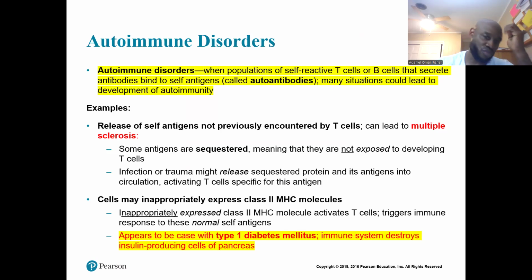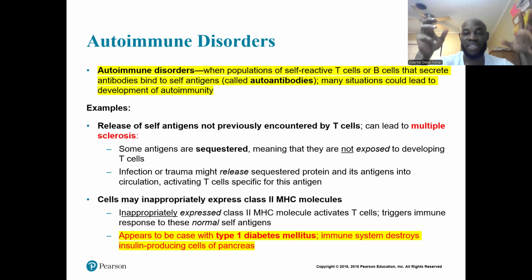And then we have autoimmune disorders. So T cells and B cells secrete antibodies that bind to self antigens. Remember, cells in your body have antigens that are good cells.